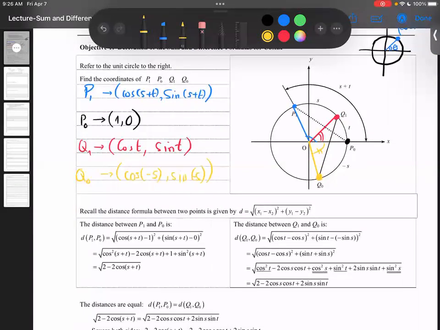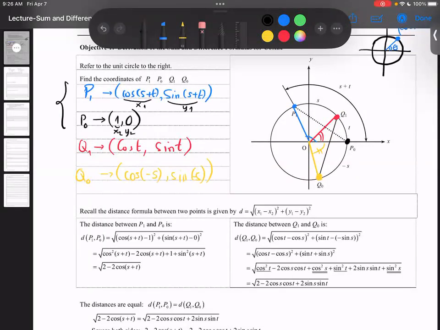So if I want to find the distance between P1 and P naught, these two right here, think of it, this is your X1, this is your Y1, this is your X2, this is your Y2. You don't have to write these down, just explanation.